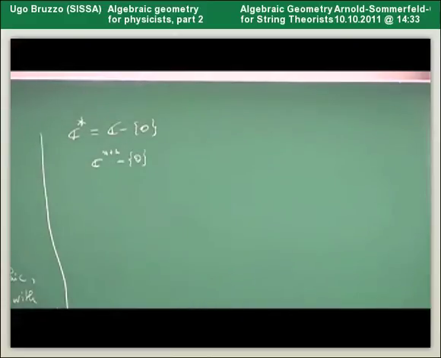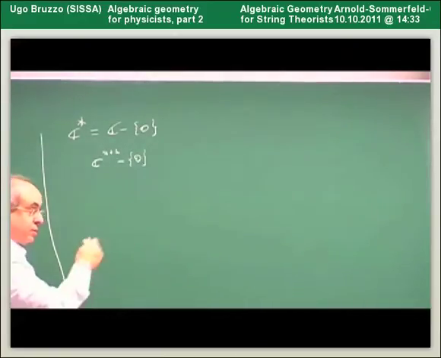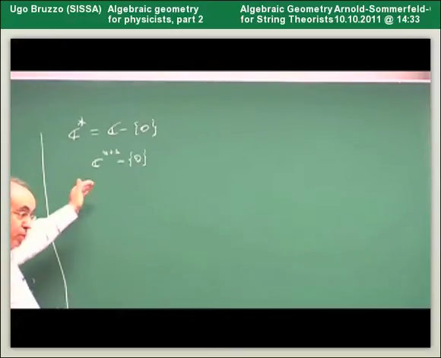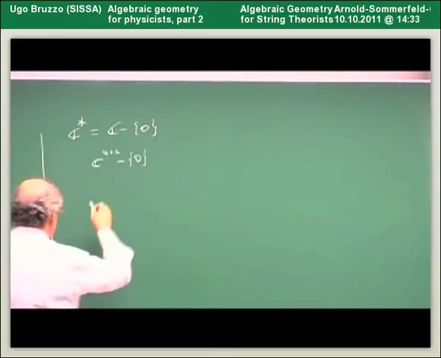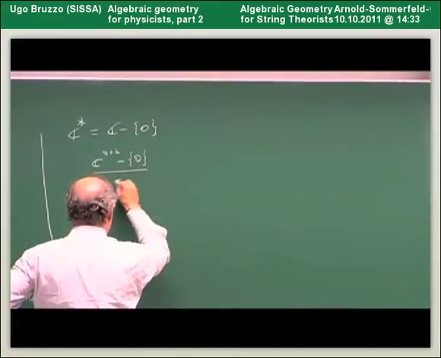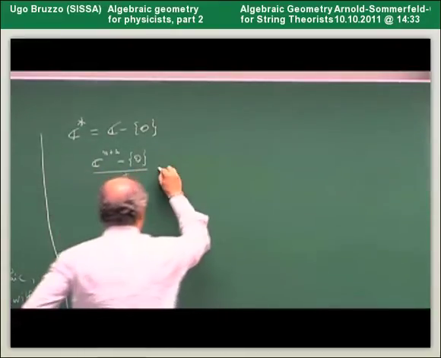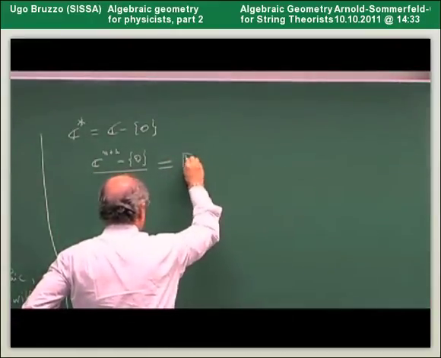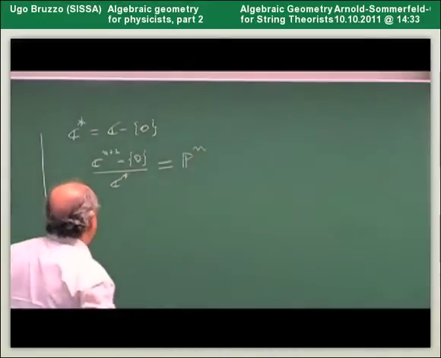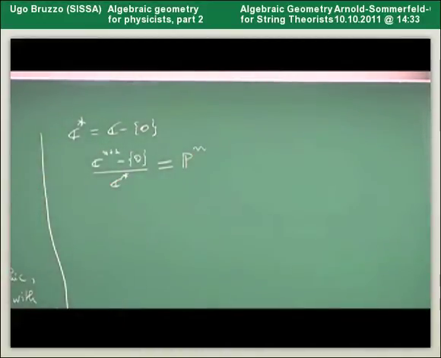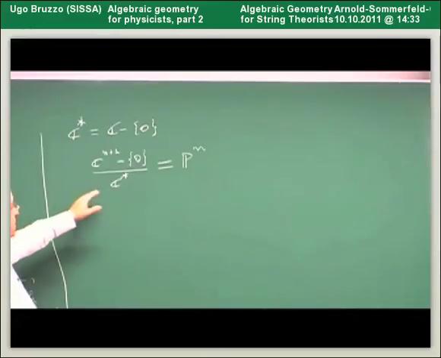On this space, we have an action of C*, just by multiplication of all components by the same non-zero complex number. And this quotient we shall call P^n, the complex projective space, which of course may be regarded as the space of lines in C^(n+1).